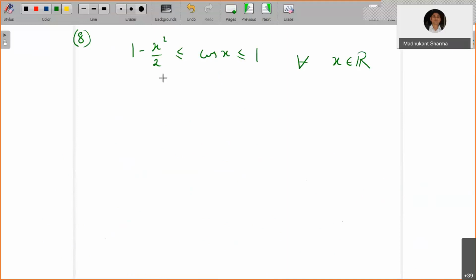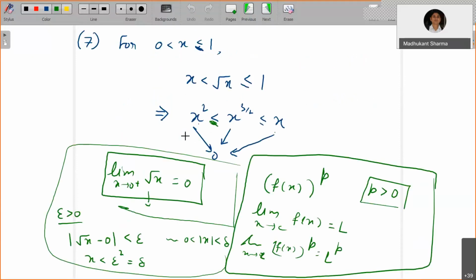So from here this implies minus x square by 2 is less than or equal to cos x minus 1, which is less than or equal to 0, for every x in R. Now we are going to divide by x, because we want to see what happens to cos x minus 1 by x.